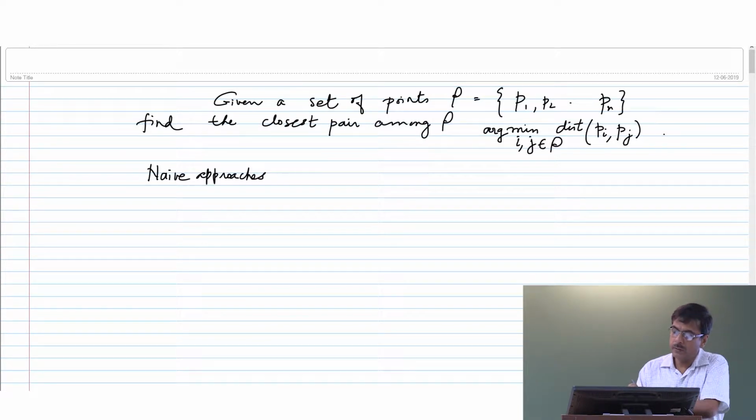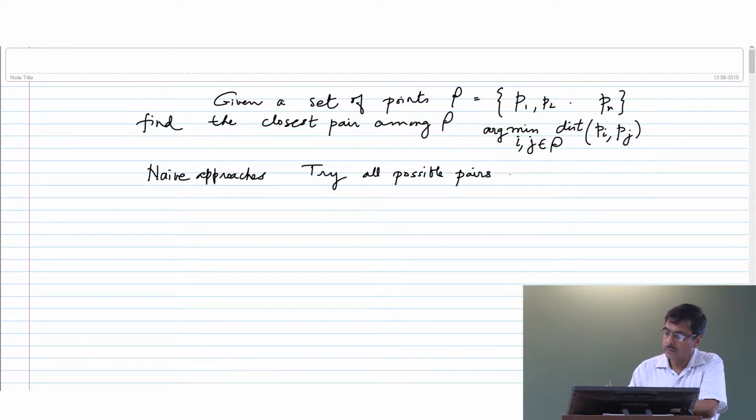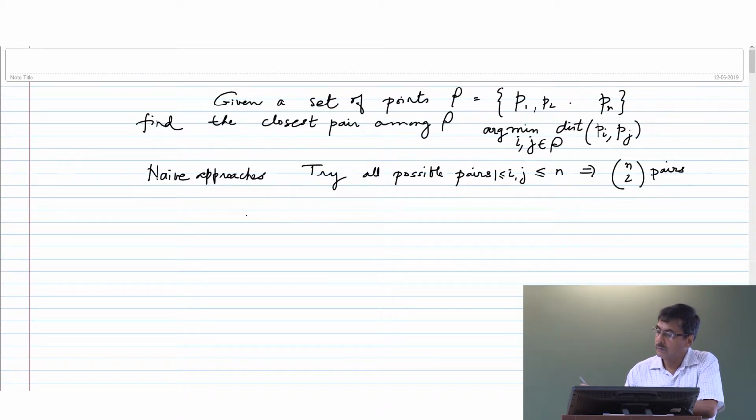So, naive approaches would be what? Try all possible pairs ij, which basically means n choose 2 distance computations, right.